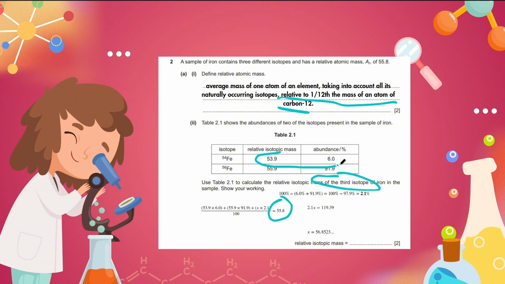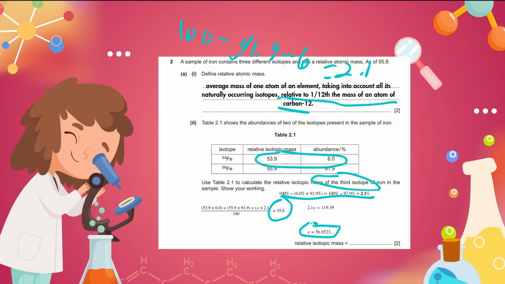Times this one, and because there is a third and we want to find the isotopic mass of the third one, use x as the symbol. How to find the abundance? This is 100 minus 9.19 minus 6, making it only 2.1 left. Okay, and then we got the answer like this. This is already put there for you. 2.1x equals 119.39, making x only this. Yay! Finally, this is the isotopic mass.